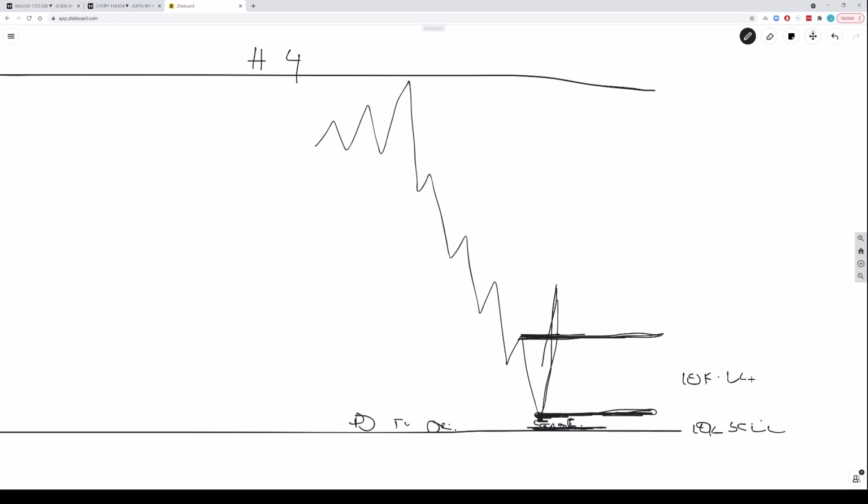You can't buy 100k and then use 10k as a stop loss. That's not going to work, right? So whatever you use to buy, you're going to use that same amount to get out. Your get out trade is going to be exactly the same size as your entry, right?